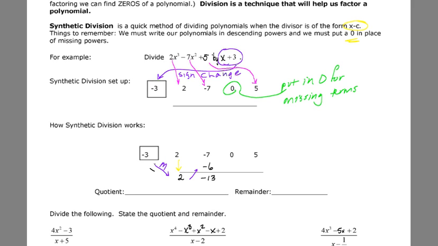Now we do the multiplication again. We multiply the -3 times the -13, another multiplication. Put that answer above the line. So -3 times a -13 would be a positive 39. Add that to 0, and 39 comes down.